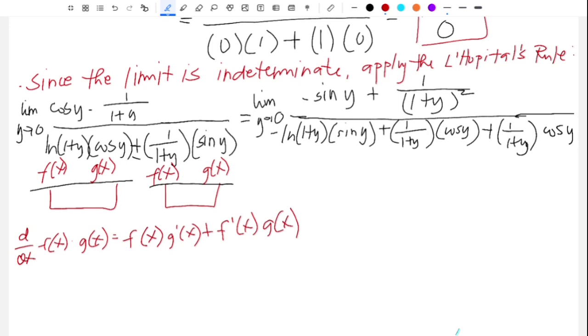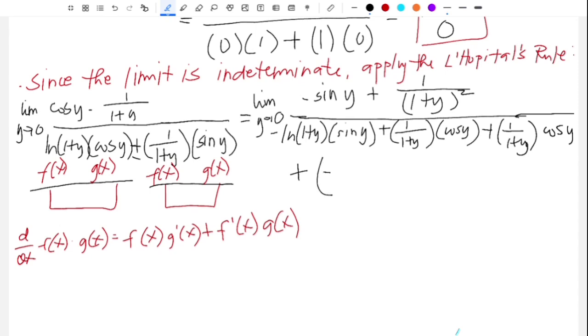Cosine x, then let us have plus the derivative of our f of x. We did it here in our numerator, and the sign is positive. Now let's not just put the sign first to avoid confusion.